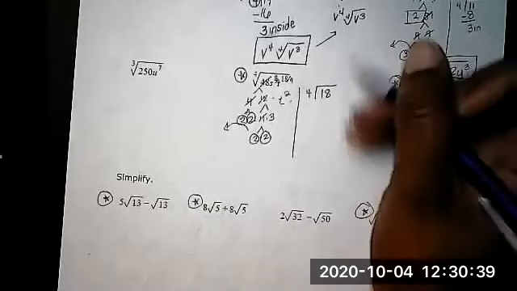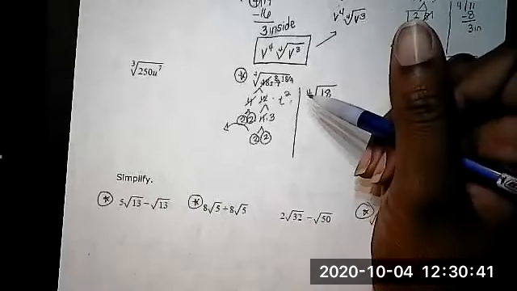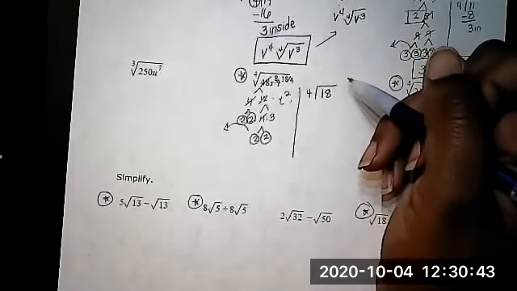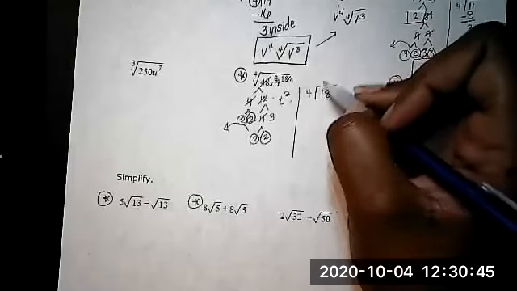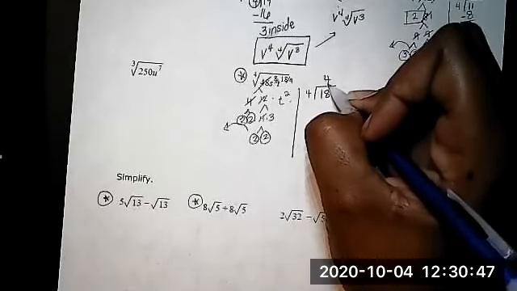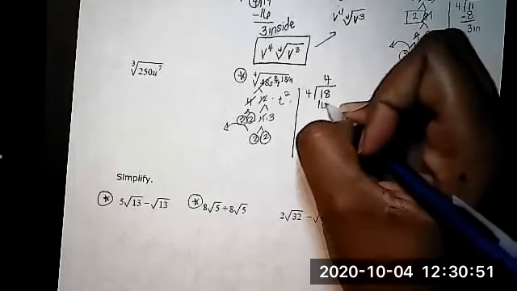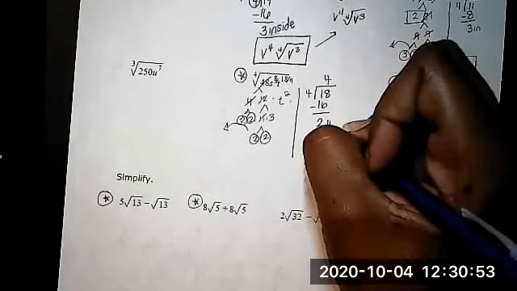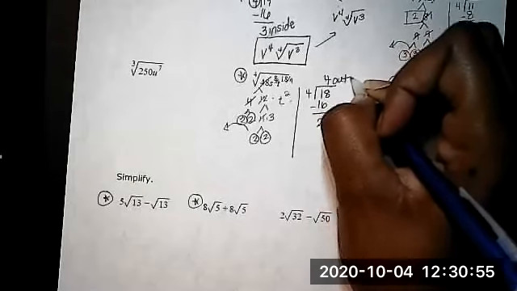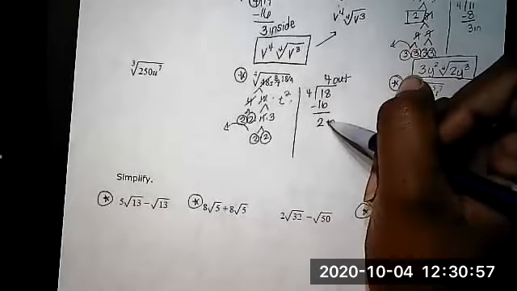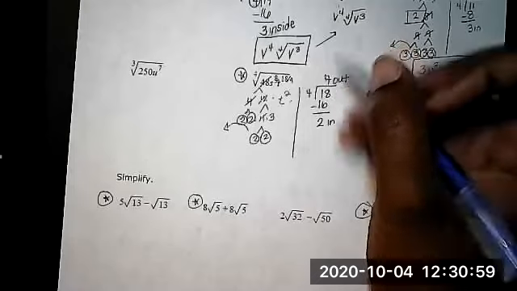How many times does 4 go into 18 without going over? 4 times 4 is 16. 4 times 5 is 20. So it's going to be 4. 5 is too big. 4 times 4 is 16. Subtract. 2 is inside. This one is outside. 2 are left inside. 4 came out.